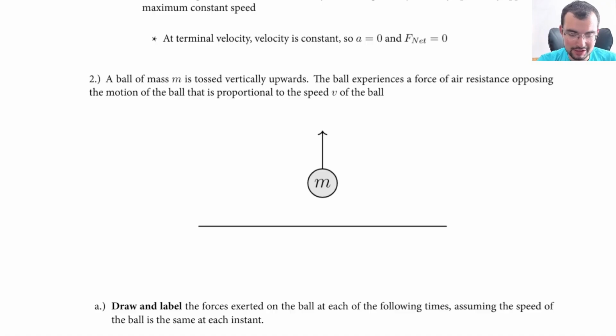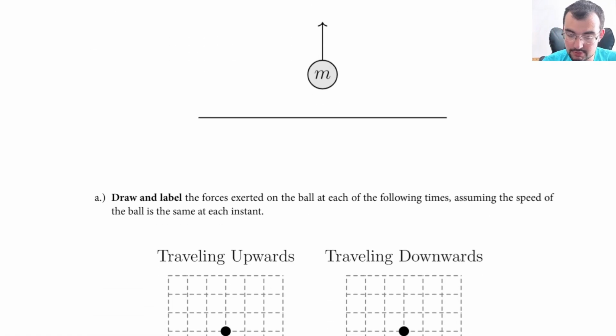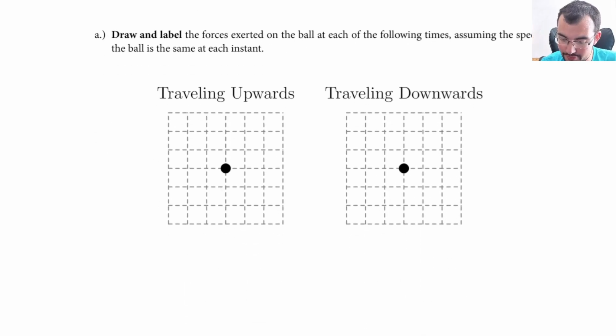All right, so we have a ball that's tossed upwards, except now there is air resistance, and there is a force proportional to velocity. So first, have a ball. It's on Earth. Definitely gravitational force involved. Then we have to deal with the drag force.